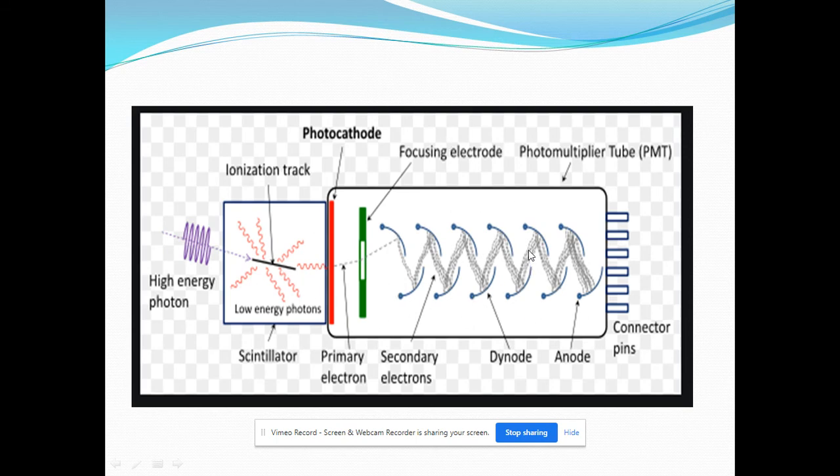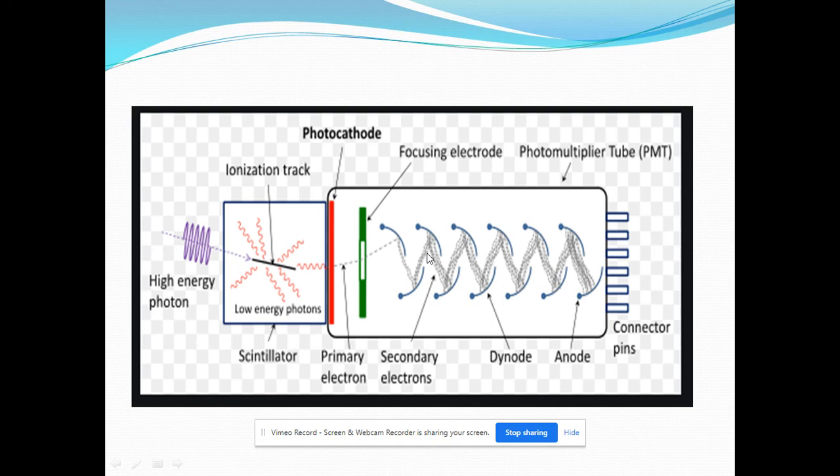Inside the glass tube there is a photocathode, and next to the photocathode we have a focusing electrode, and then after that we have dynodes, and finally we have an anode. These are the components of a photomultiplier tube.